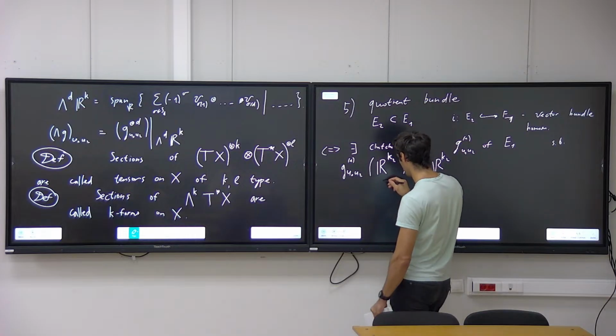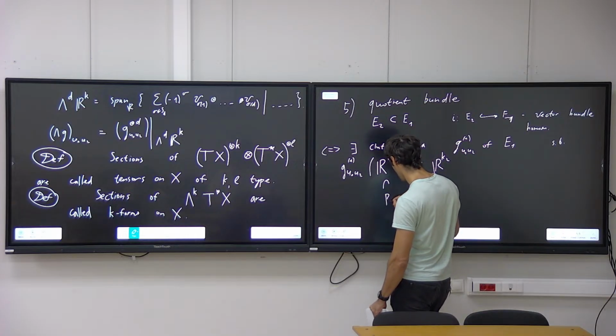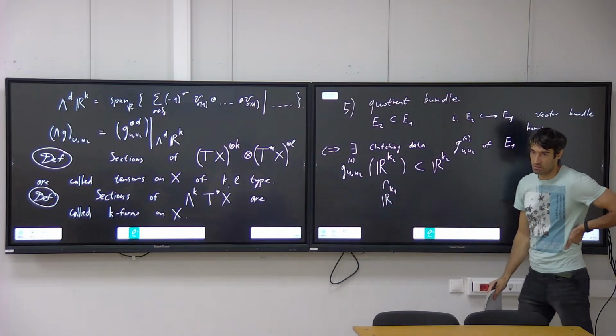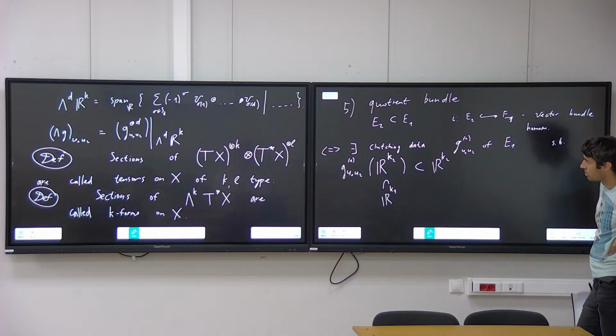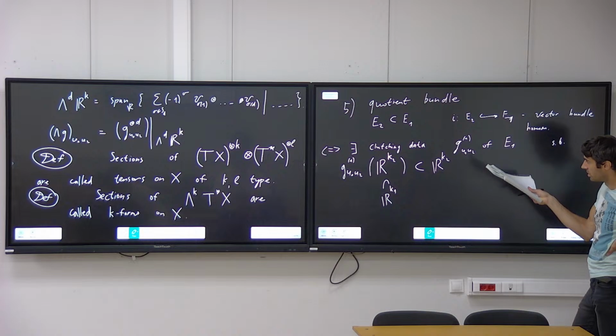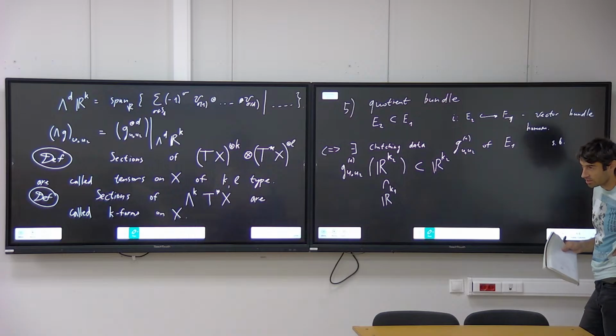So I'm considering this as a subspace inside R^K1, say the first K2 entries. Right, so if I have a sub-bundle, it means that I can obtain clutching data of the sub-bundle from the clutching data of the bundle. This should be for each pair, one or two, and they must be consistent.